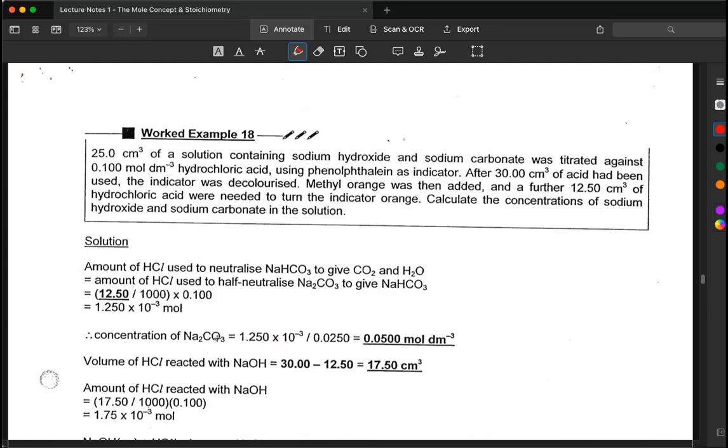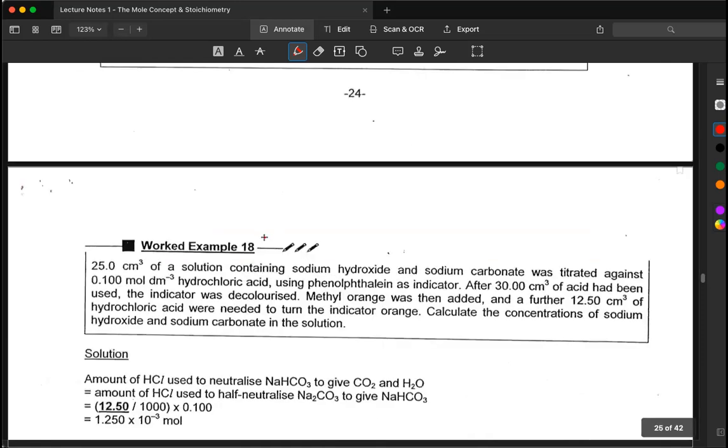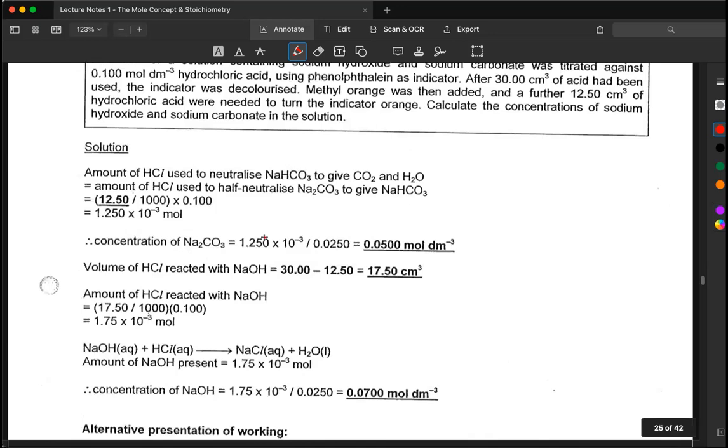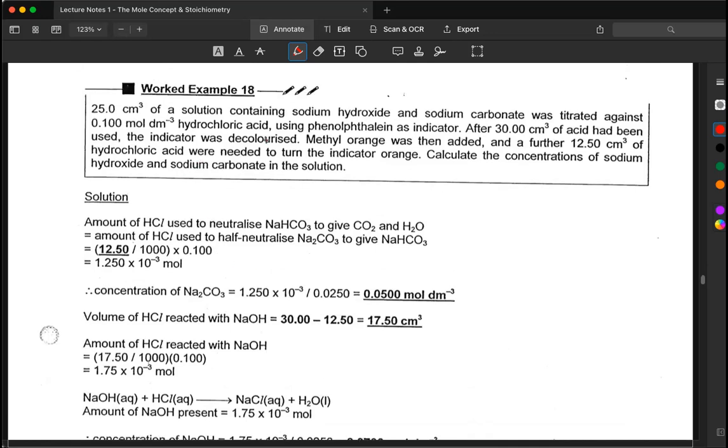Because they have the same mole, the Na2CO3 and the HCl. So the concentration of Na2CO3 is the number of moles of HCl, which is the same, divided by its volume.